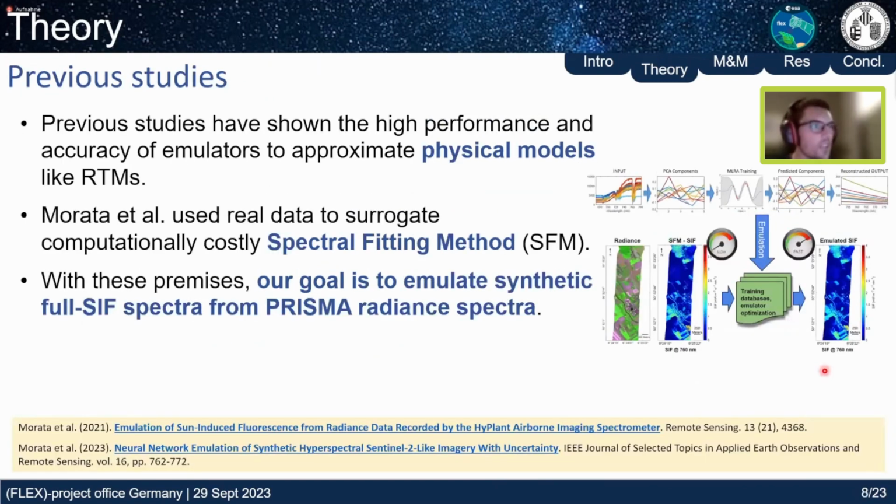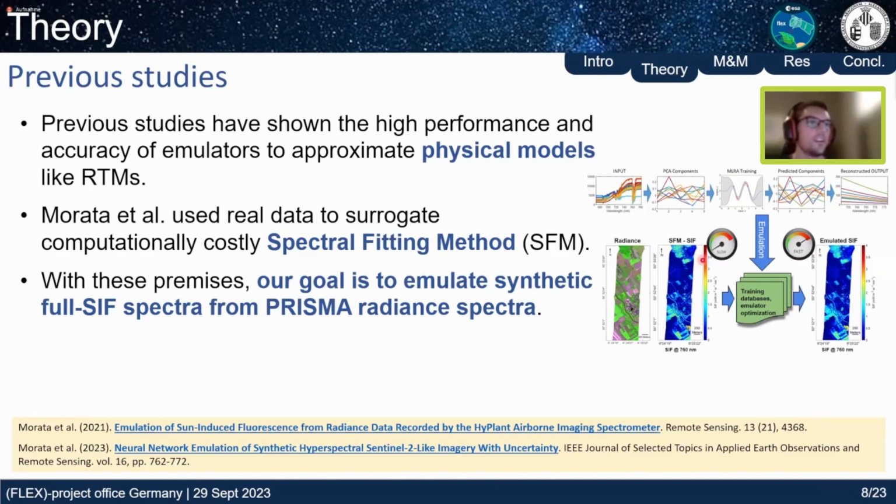In previous studies, we have shown the high performance and accuracy of emulators to surrogate physical models. For instance, in a recent study, we used emulation to surrogate the spectral fitting method process to obtain the emulated SIF in bands A and B. We obtained an emulator that produced very similar results, but at a very low computational cost.